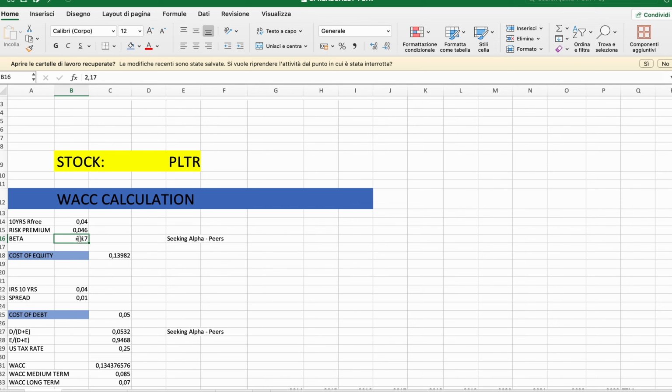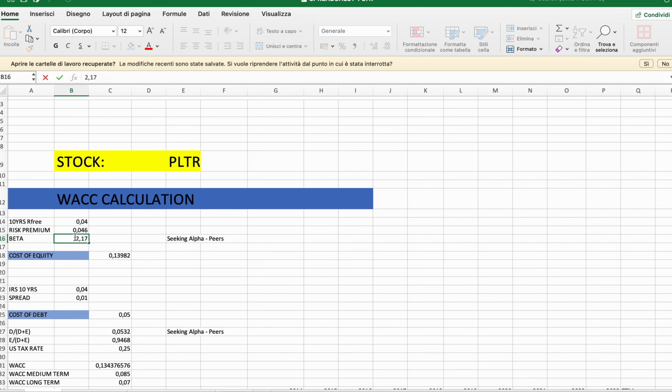this is just used as a reference, the beta of the past. A lot of analysts tend to normalize the beta because in theory the beta in the long run should tend towards 1.